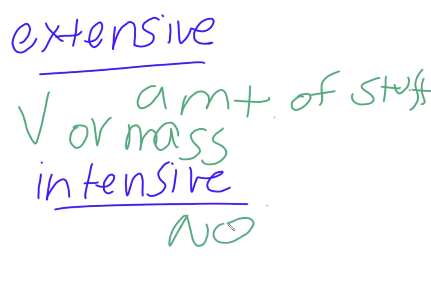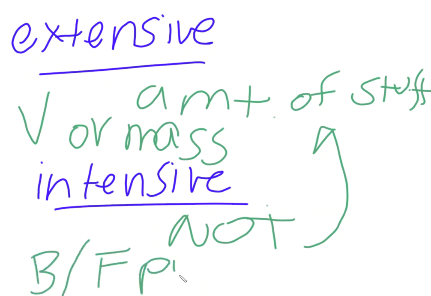So examples of intensive properties would be the boiling or freezing point of an element, or density. So boiling and freezing point and density of things do not depend on the amount of stuff present. Volume and mass do depend on the amount of stuff present.